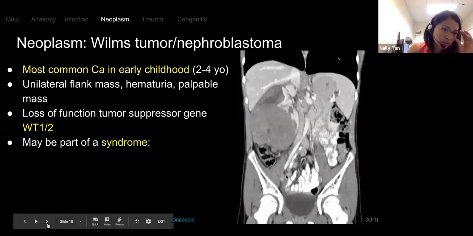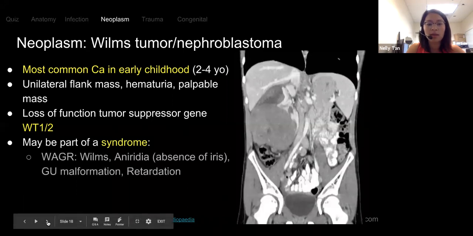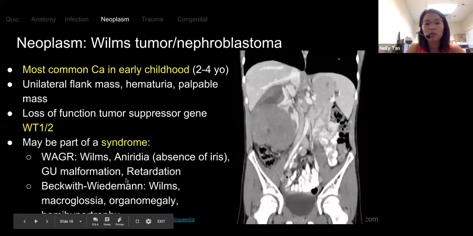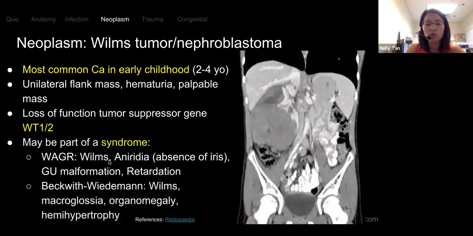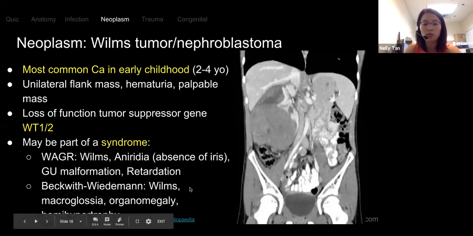It's due to loss of tumor suppressor genes, WT1 and WT2, and can be part of two syndromes: the WAGR syndrome, Wilms tumor, aniridia, with associated GU malformation, or Beckwith-Wiedemann syndrome, where you have macroglossia, organomegaly, and hemihypertrophy, an asymmetric enlargement of certain parts of the body.